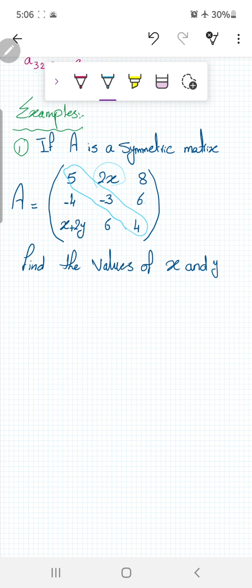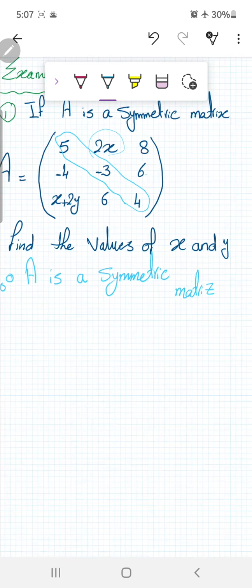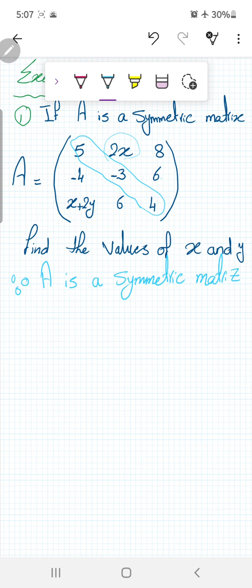So first, since A is a symmetric matrix, we have, as we said, 2x equals negative 4. It's an equation.